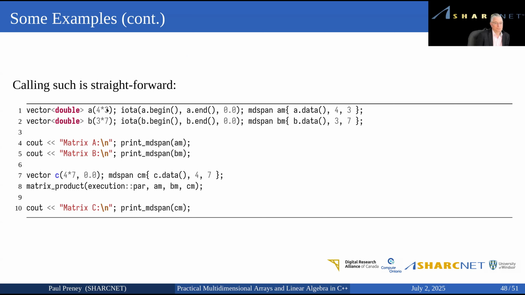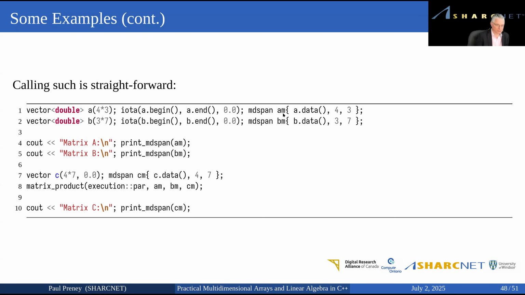Okay, so I'll declare some vectors, fill them with some values. iota goes from 0, because I pass in 0, 1, 2, 3, 4, 5, all the way up to the highest. 4 times 3 is 12, so 0 to 11 here. Okay, 3 times 7 is 21, so this will go from 0 to 20. Okay, then I have my mdspans of it.